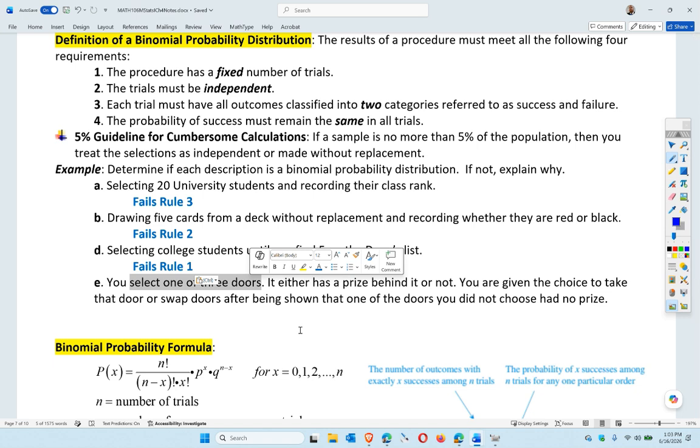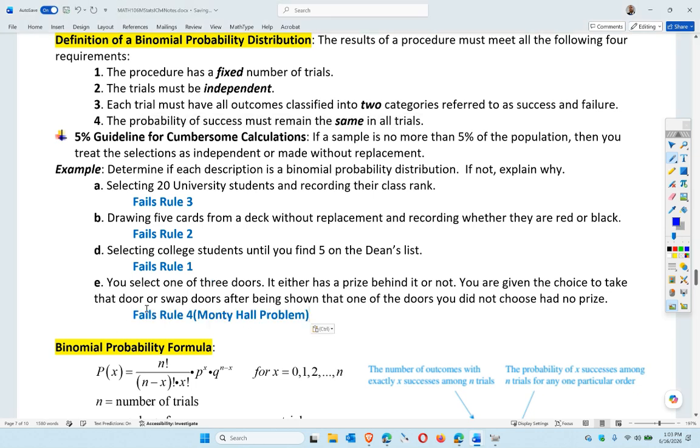Well, the problem is that changes the probability because they took away a door, right? That changes the probability. Okay? So originally you were picking out of 3 doors, now you're only picking out of 2 doors. That changes the probability, right? That's the Monty Hall problem. You can look that one up. There are some nice videos on that, but that doesn't work, right? So yes, 2 categories, win or lose, but the probability changes. It's not the same each time, so that's a problem.